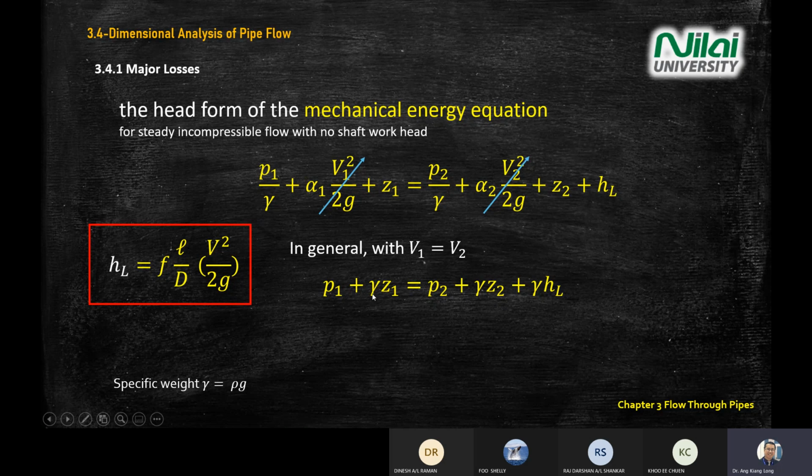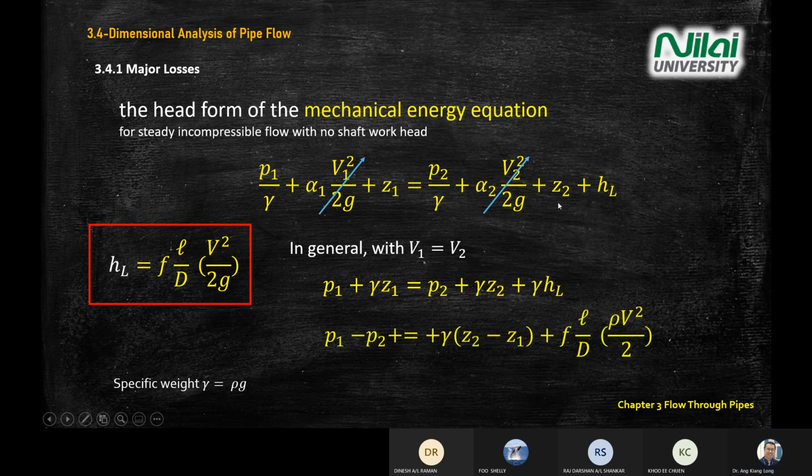So you'll get P1 plus gamma Z1 equals P2 plus gamma Z2 plus gamma HL. Then you want to find the change of pressure inside the pipe, so you move P2 to the left and put this one to the right. You rearrange the equation and you'll get this form.